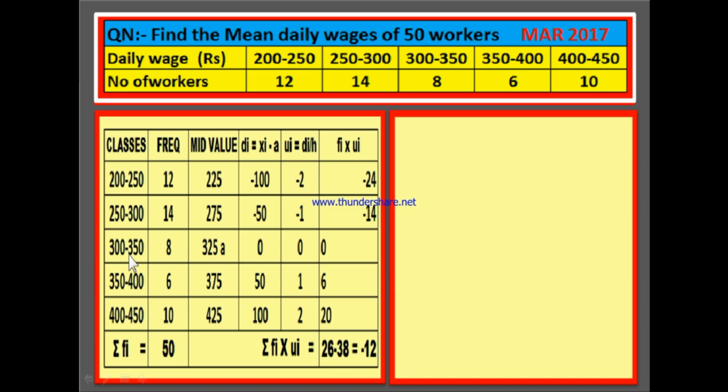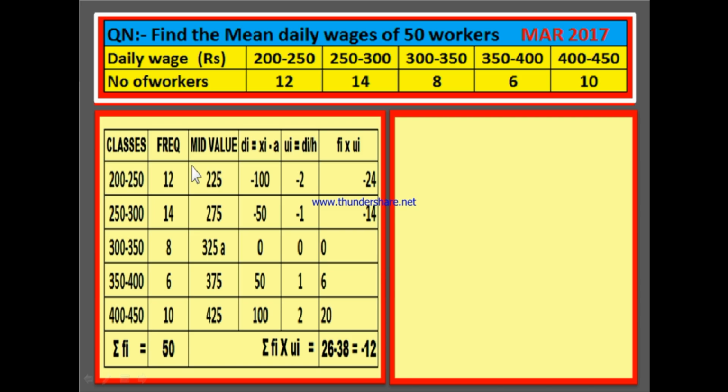Similarly, 350 minus 300 is also 50. 300 minus 250 is also 50. 400 minus 350 is also 50. 450 minus 400 is also 50. Therefore, h is nothing but the height of the class, the difference between any two successive upper boundaries or any two successive lower boundaries or any two successive mid values. But please keep in mind, h should not be the difference between lower and upper boundary of a particular class.